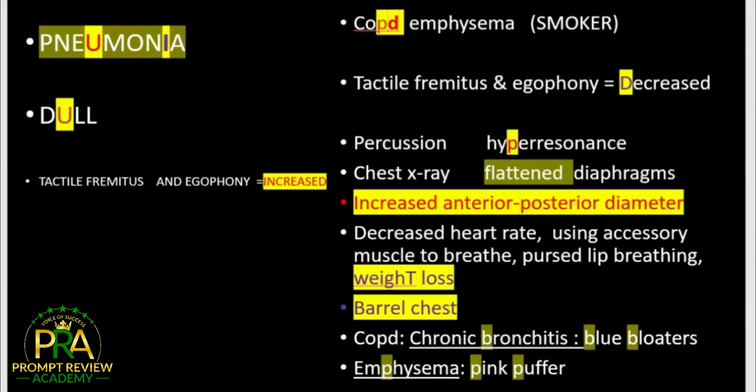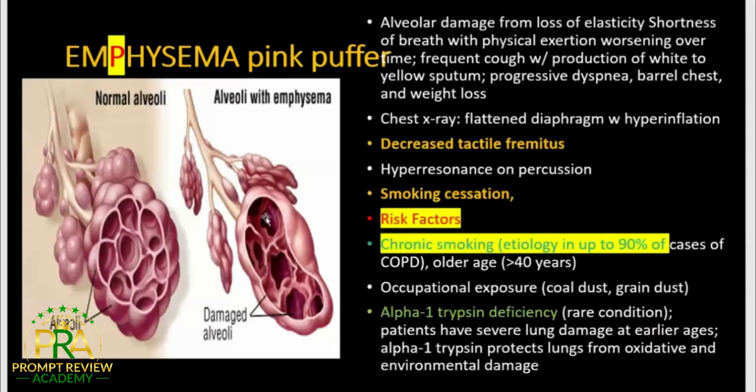Then we have emphysema. The problem in emphysema is that the alveoli, those tiny air sacs, are damaged. You can see how they are damaged, and when they become damaged, there is loss of elasticity.